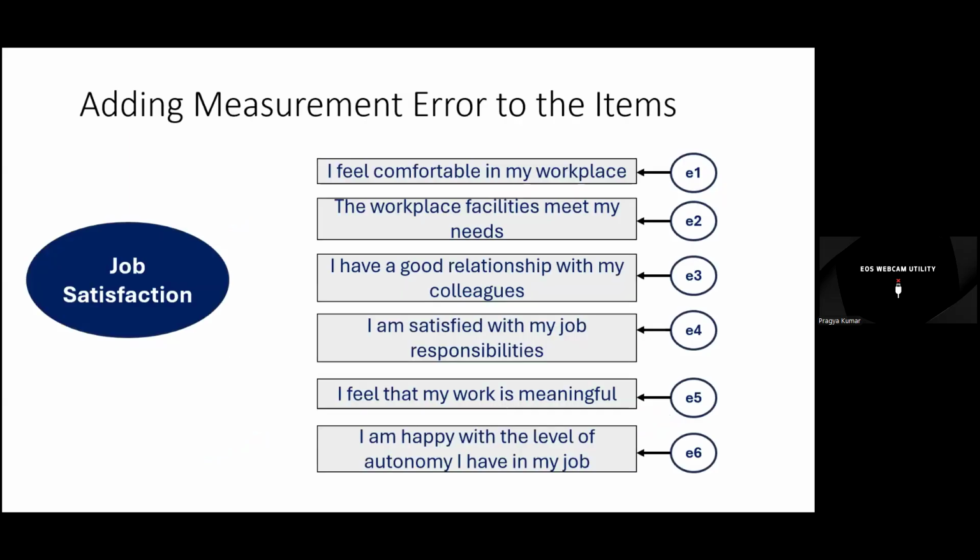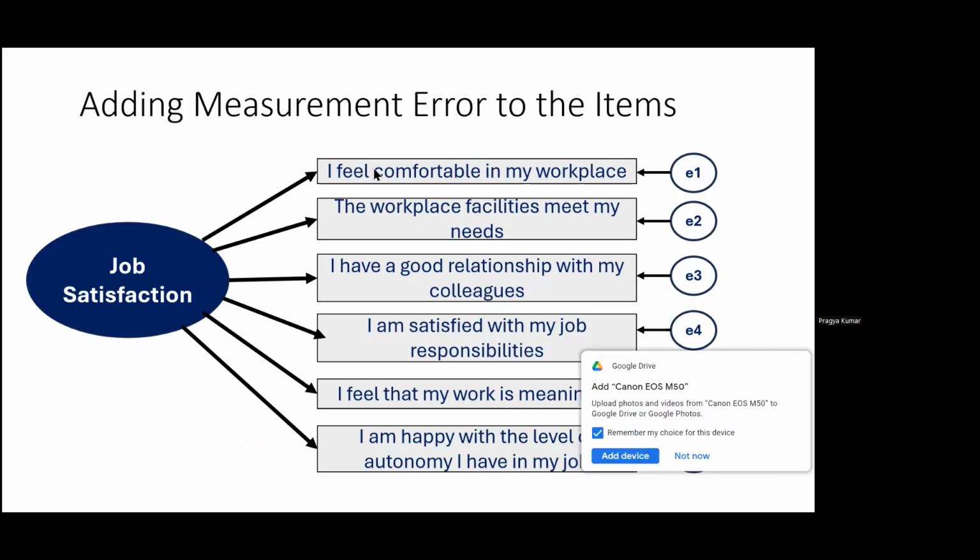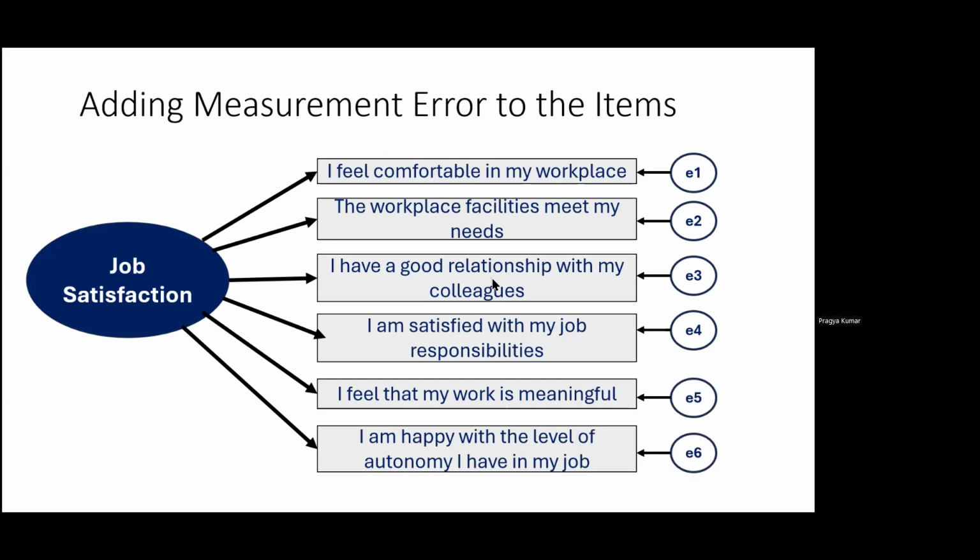That's how each item has a shared part of job satisfaction and a unique part of error, which might be affected by any other domain. That's why the change in this first item cannot be explained only by the change in job satisfaction. Is it clear?